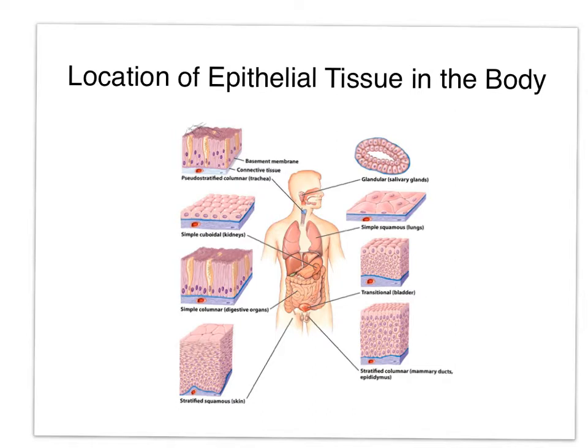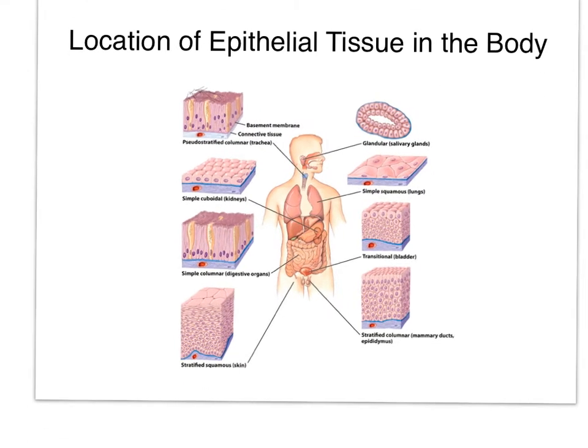All right, bullet points for this lecture. You want to make sure that you know the three shapes of epithelial tissue: columnar, cuboidal, and squamous. You need to make sure that you know the arrangements of epithelial tissue: simple, stratified, pseudostratified.